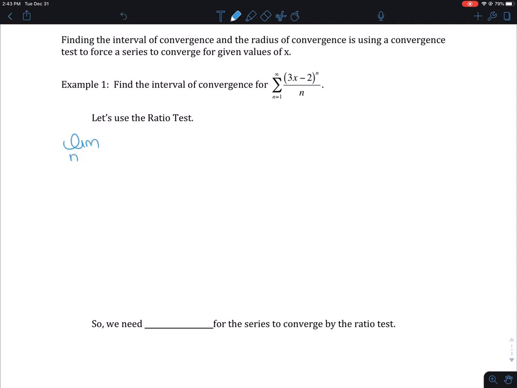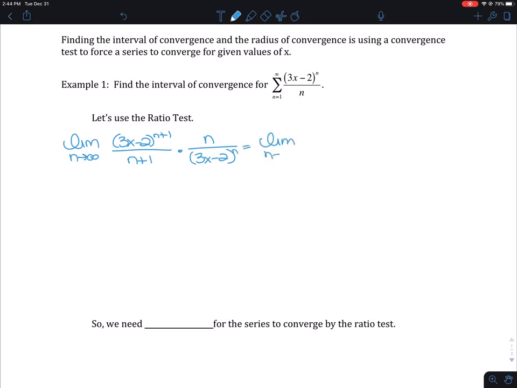So the limit as n approaches infinity of (3x minus 2) to the n plus 1 divided by n plus 1, times, invert and multiply, the original expression to the n power. I'm going to rewrite this now.